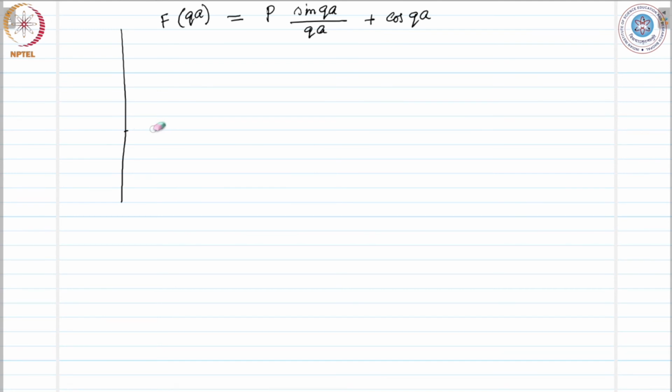So we are plotting f as a function of qa on the y axis, and on the x axis we are plotting qa. What kind of graph shall we get?